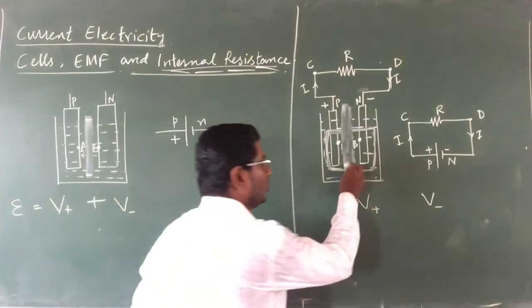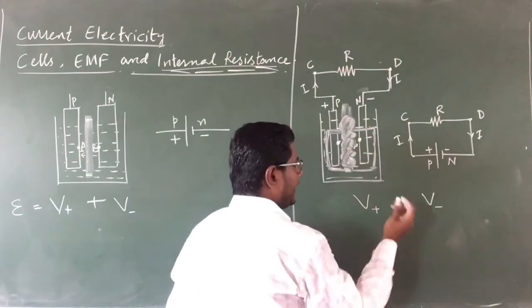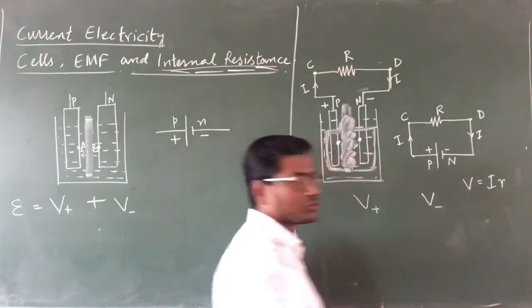If I apply Ohm's law across this region inside the electrolyte, it will be V equals I into that small letter r.